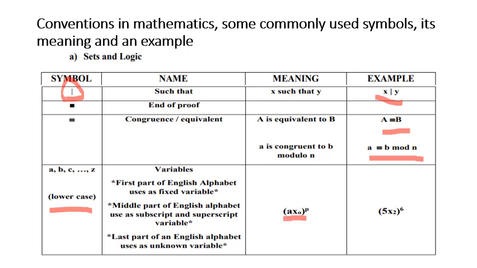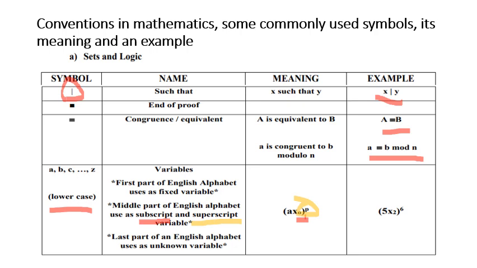The first part of the English alphabet uses fixed variables. The middle part of the English alphabet uses subscript and superscript variables. When the number is below, like this, where the 0 is at the bottom, it is called a subscript. When it is above, as an exponent, it is called a superscript.